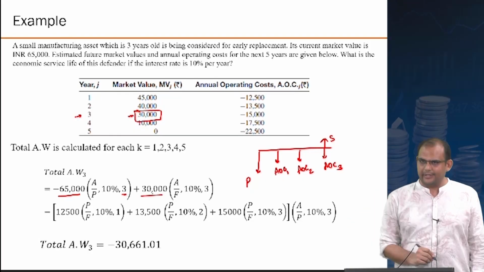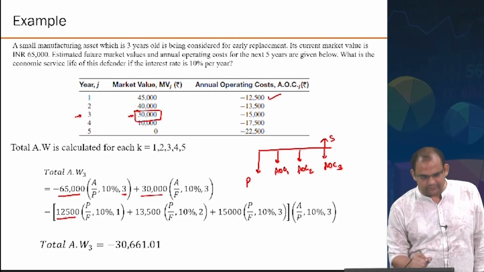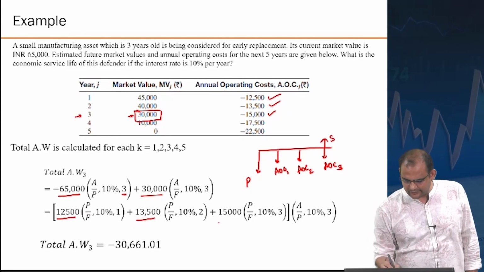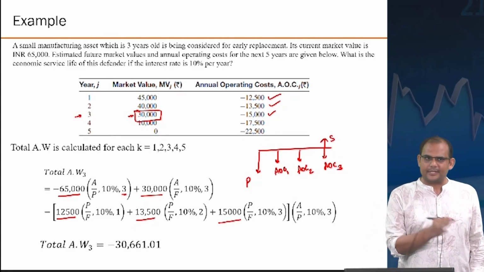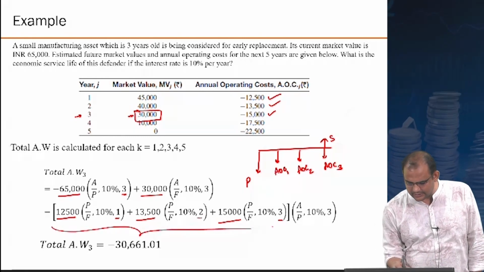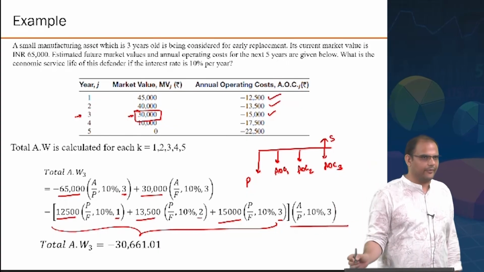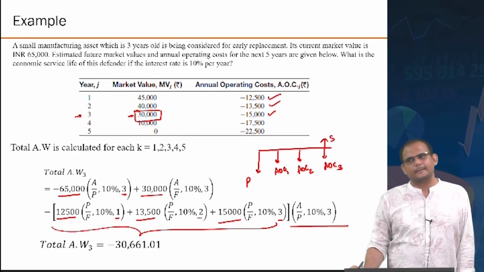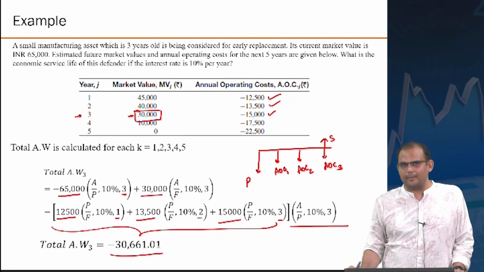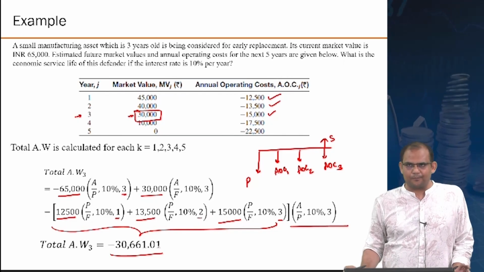That formula comes here. The first period, the annual operating cost is 12,500. The second is 13,500. The third is 15,000, distributed to present worth with respect to the number of years, and the entire series distributed over the whole equivalent annual using the A by P formula. Clear? If you do this calculation, it comes out to be minus 30,661. Okay?